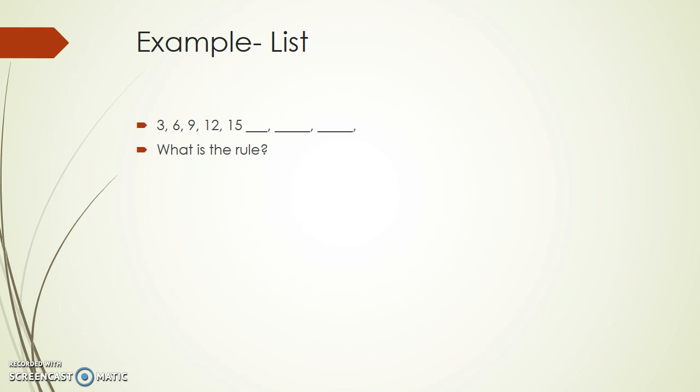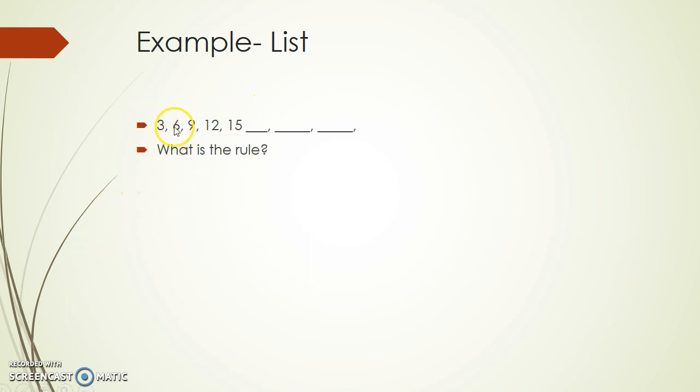Here is an example of a pattern, which is a list, just like the previous example. 3, 6, 9, 12, 15. What would be the next 3 numbers in the pattern? And what is the rule? So first you want to determine, how did I start at 3 and get to 6? Well, if you count up, you realize that you counted 3 to get from 3 to 6.